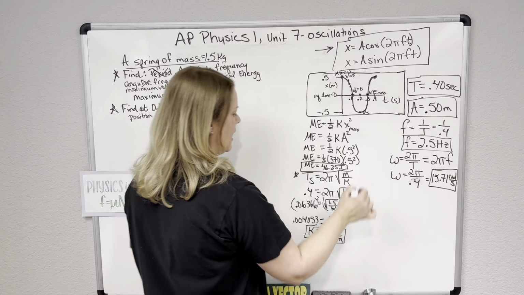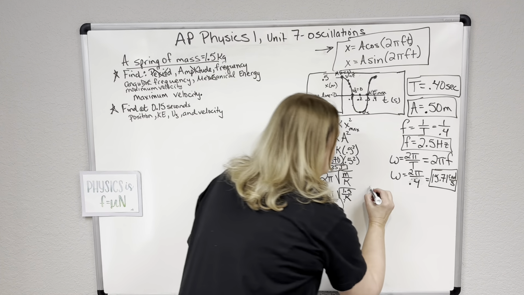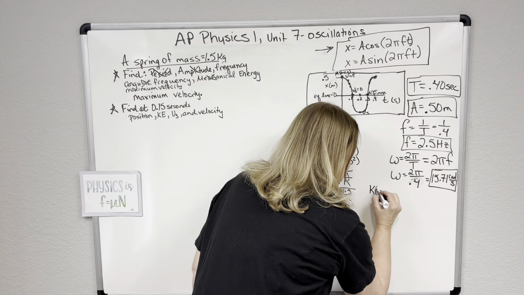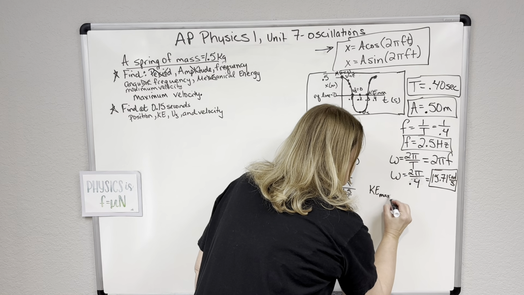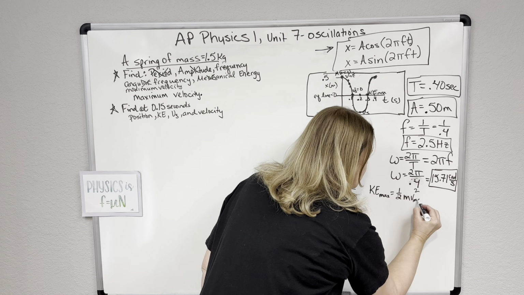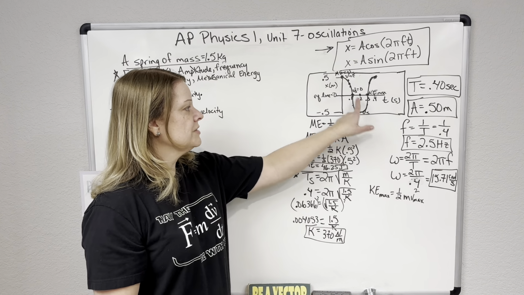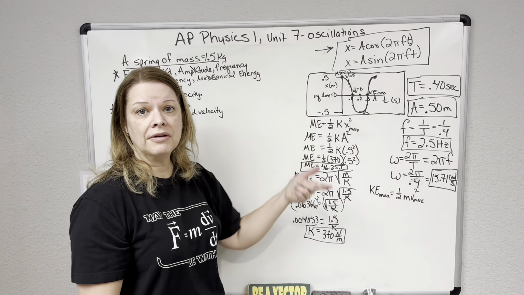Okay, so now we're going to find that max velocity. We know that our kinetic energy max is 1/2 mv squared, and that would be when velocity is a max. Kinetic energy is a max, we said, at the equilibrium line. It's all kinetic energy.